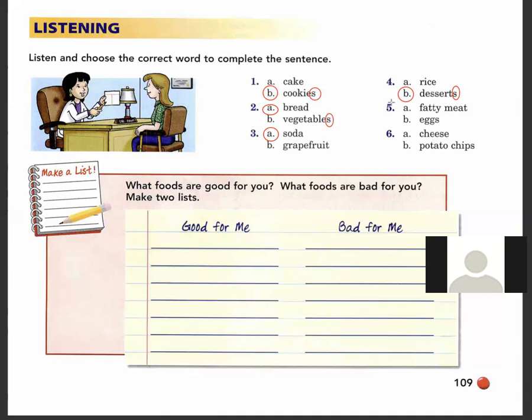All right. Number 5. I went to my doctor for an examination today. Oh, what did the doctor say? He said I must eat less fatty meat.